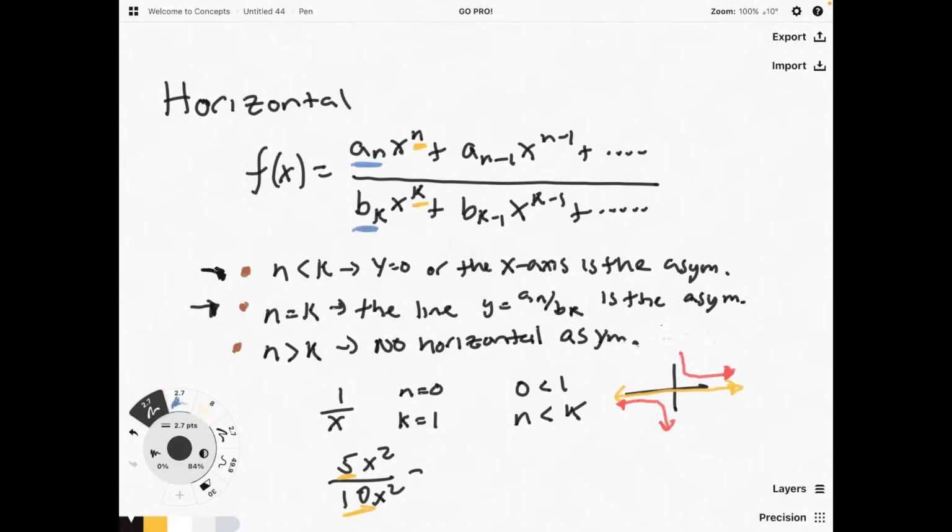So the horizontal asymptote is going to be y equals 5 over 10, or 1/2.